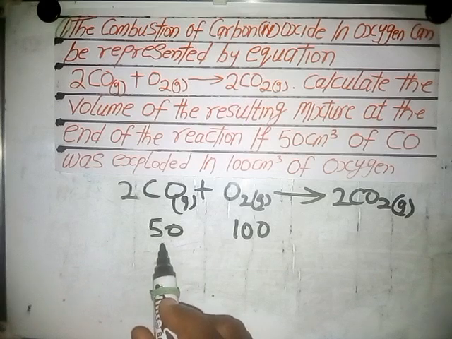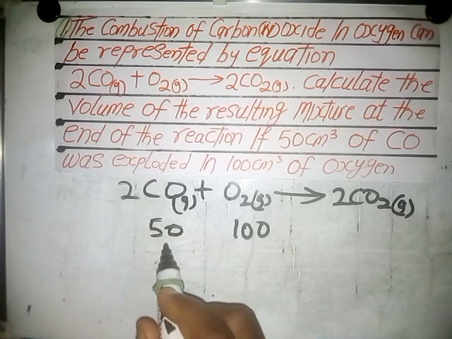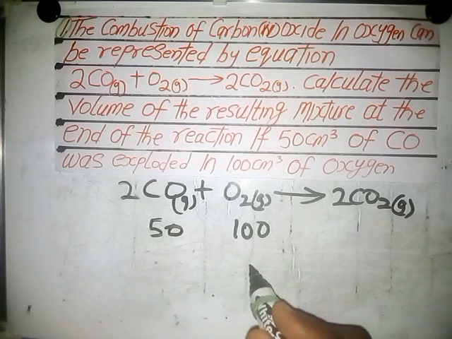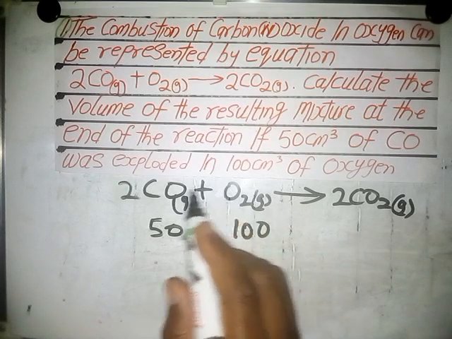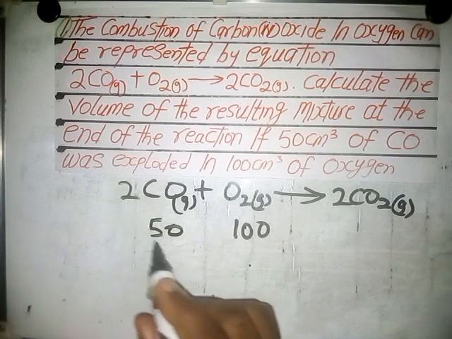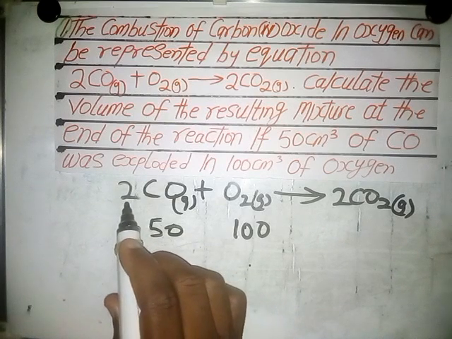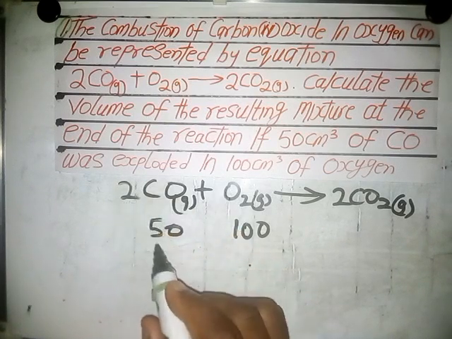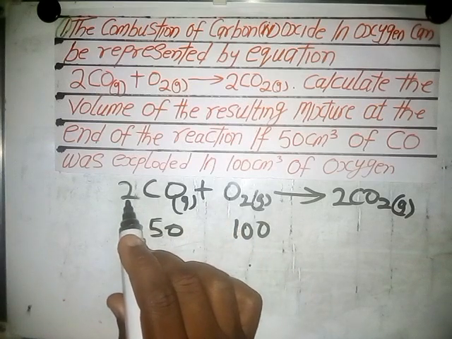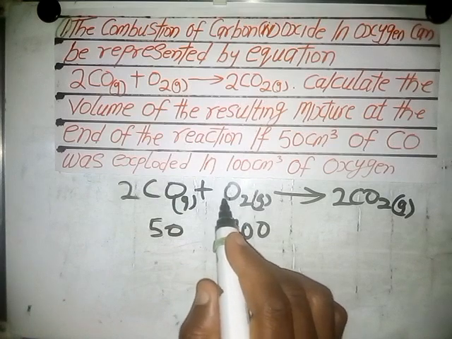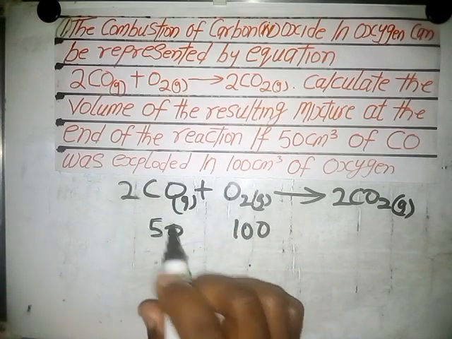Since we have 50, 1 over 2 of 50 is what I'll put here. If I have 3 here, it would be 1 over 3 of 50. If there's 3 here and 2 here, it would be 2 over 3 of 50.